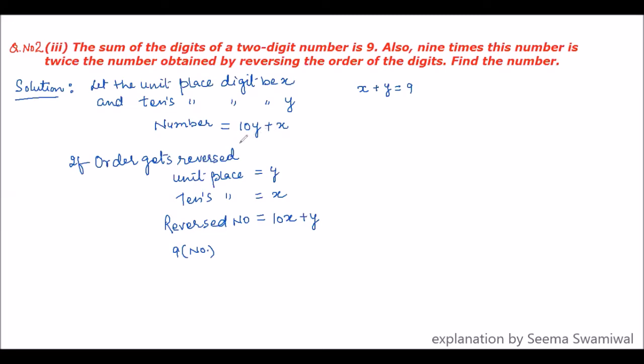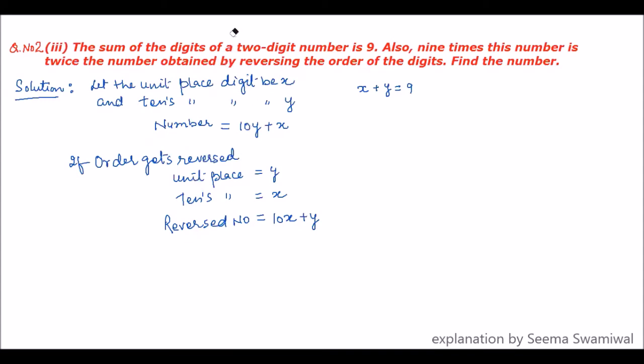So which one is greater? 9 times this is twice. So which one is lesser? The reverse number is lesser. 9 times this number is 2 times the reverse number. So on one side you will take the number, on the other side you will take the reverse number, and then you will make them equal to get the equation.